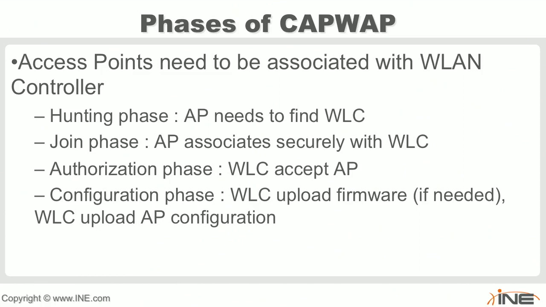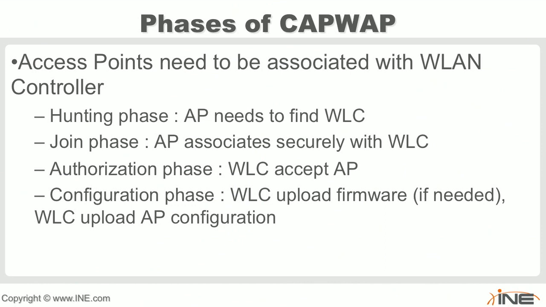The next subject we're going to take a look at is our unified wireless network architecture, really part 2. In the previous part, we took a look at the need for centralization and the need to manage a great deal of access points with centralized controllers.